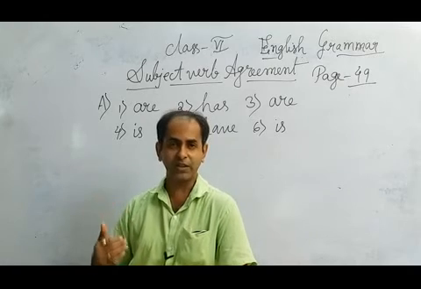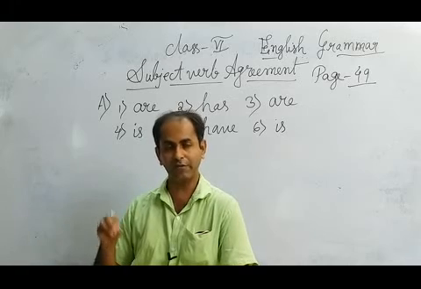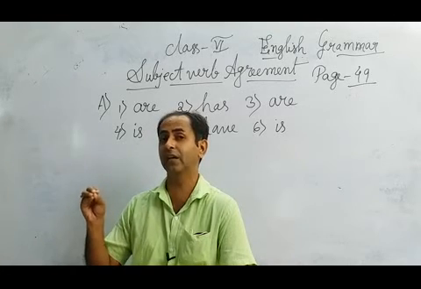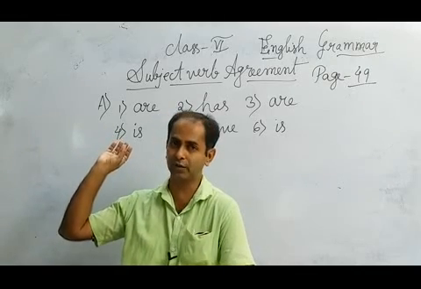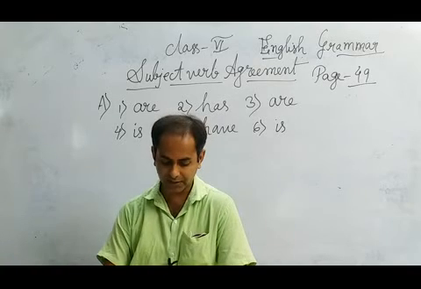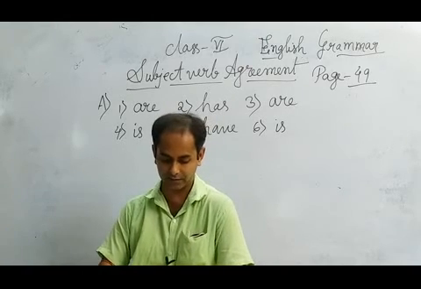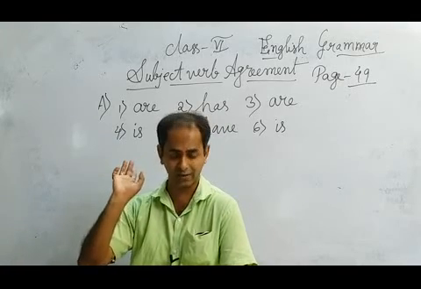So let me tell you that when a collective noun is considered as singular, we take a singular verb, but when the collective noun is taken in an individual manner, at that time it will take a plural verb. A team of basketball players is ready to enter the court. Here we want to mean a team of basketball players, so the collective noun is taken as a whole, as one.